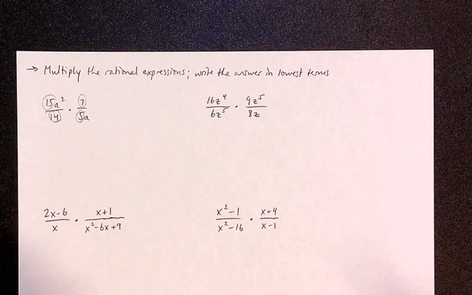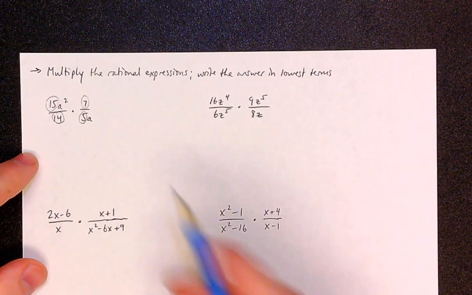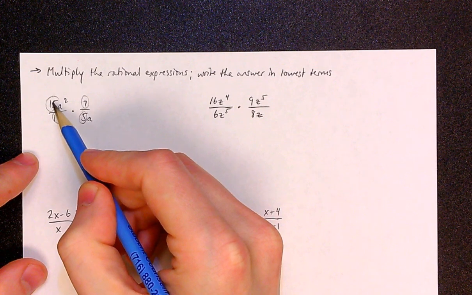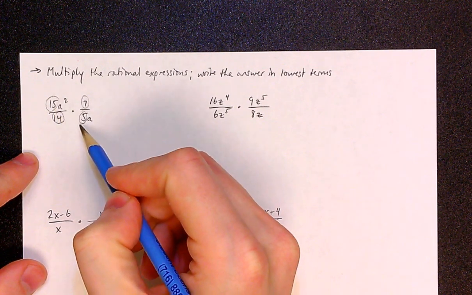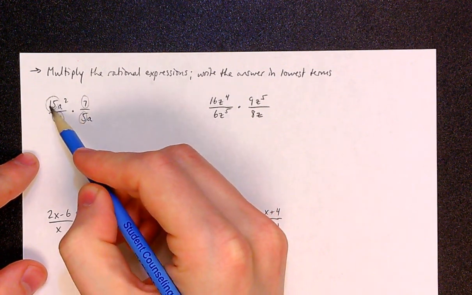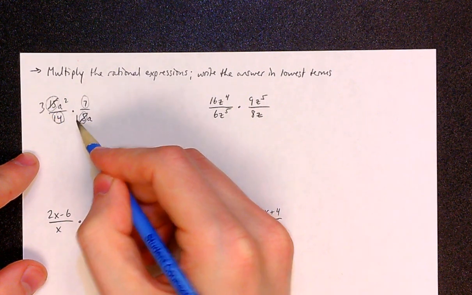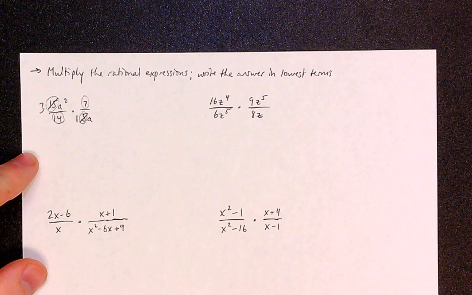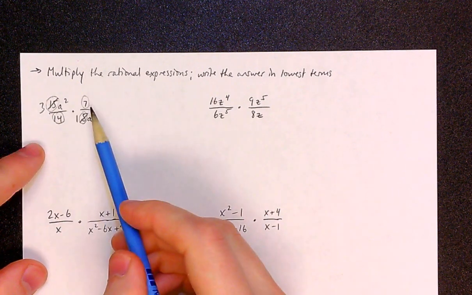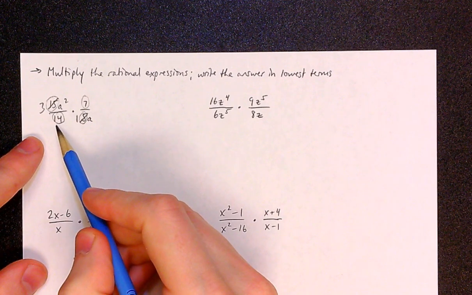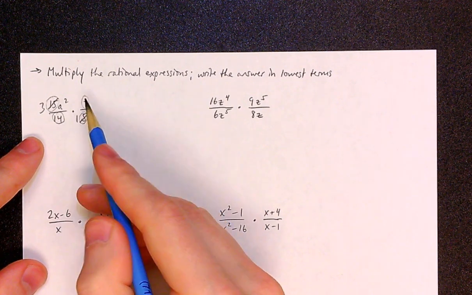15 over 5, well, 15 is 5 times 3, and 5 is 5 times 1. So that 15 turns into a 3, and that 5 turns into a 1. Here I have the 7 and the 14. 14 is 7 times 2. 7 is 7 times 1.